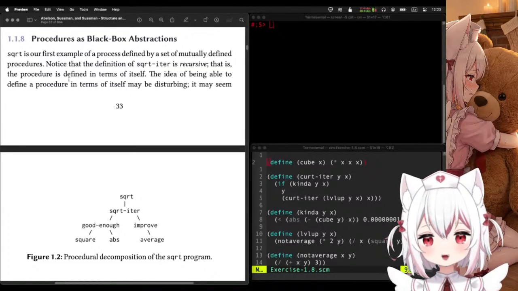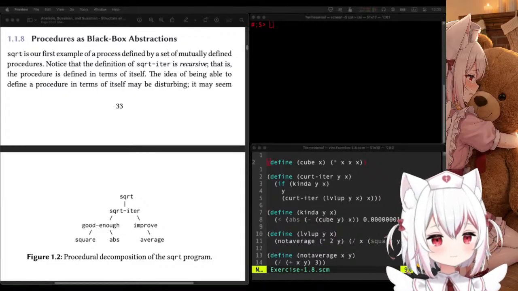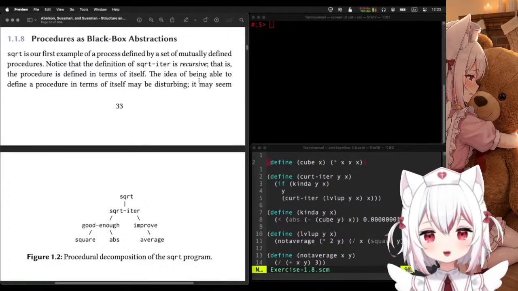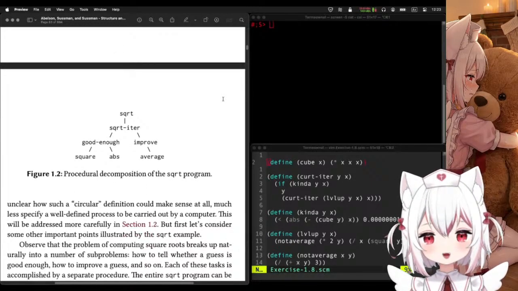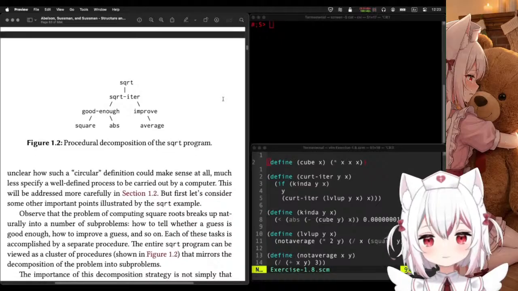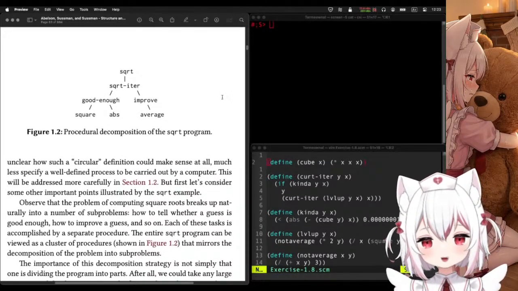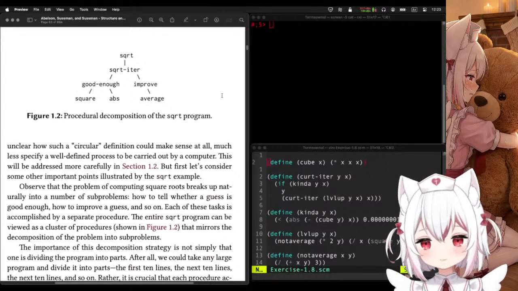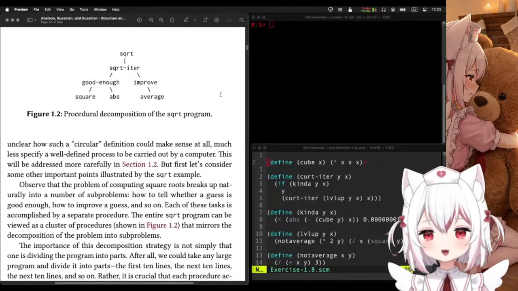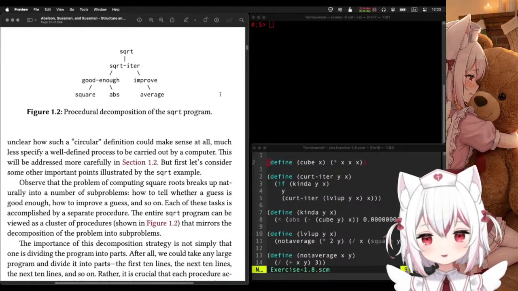That is, the procedure is defined in terms of itself. The idea of being able to define a procedure in terms of itself may be disturbing. It may seem unclear how such a circular definition can make sense at all, much less specify a well-defined process to be carried out by a computer. This will be addressed more carefully in section 1.2, but first let's consider some other important points illustrated by the square root example.